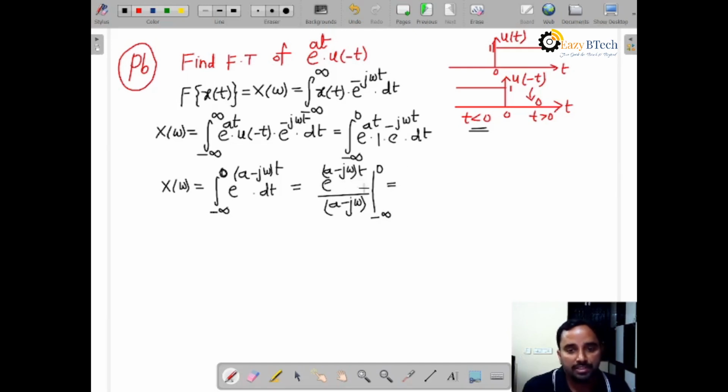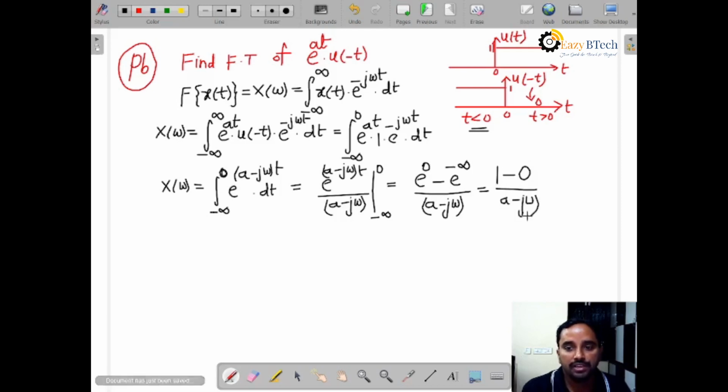So take limit substitution. Upper limit is 0, so e power 0, minus lower limit is minus infinity, so e power minus infinity, by a minus j omega. We know that e power 0 value is 1 and e power minus infinity is 0, by a minus j omega.